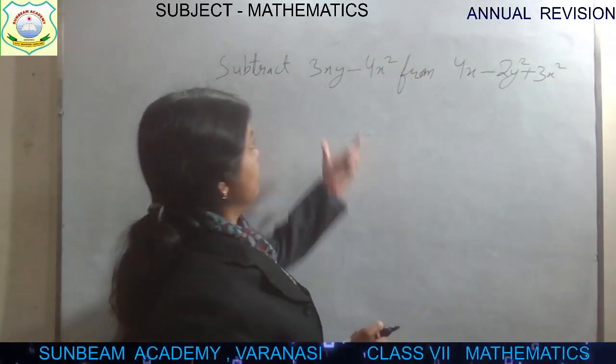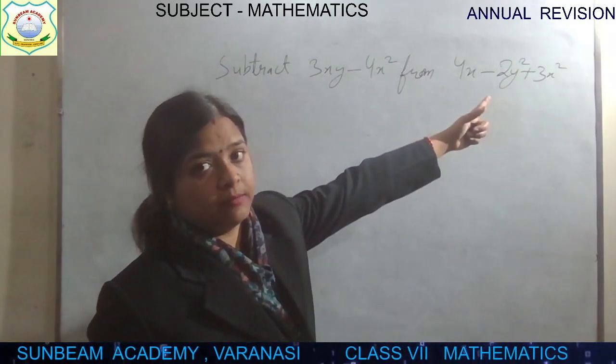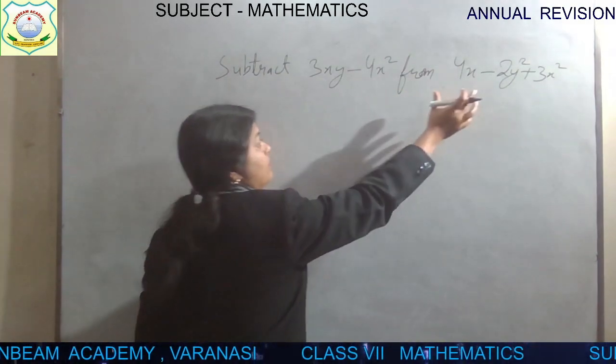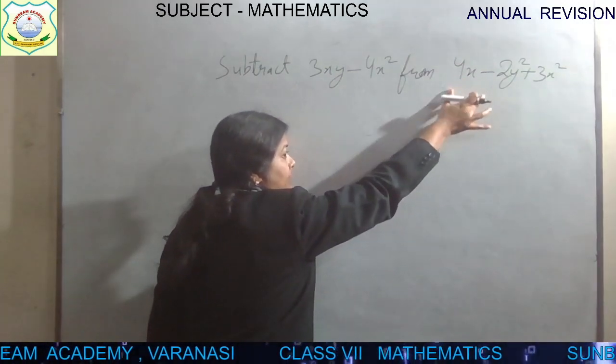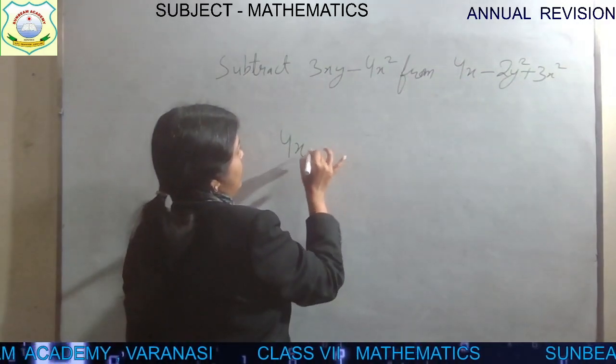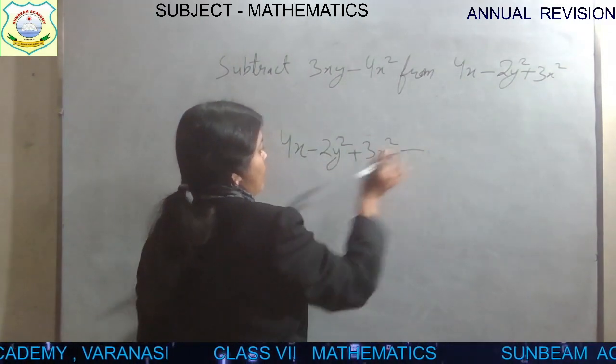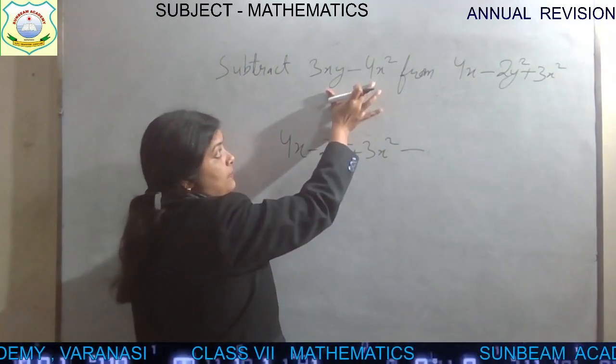We have to subtract this from that expression. So we will write it first. From this we are going to subtract, so we will write it first. This is 4x minus 2y square plus 3x square. From this expression, subtract this.